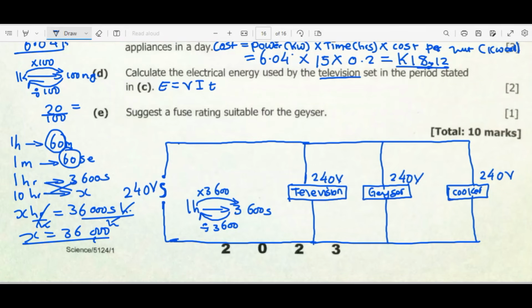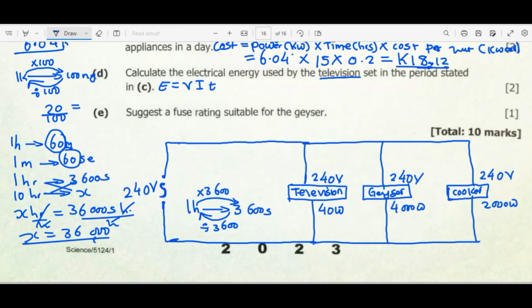Now, the other thing that we need to look at is, remember, the power for the television is 40 watts, for the geyser is 4,000 watts, and for the cooker it's 2,000 watts. Now, what is the formula for power?